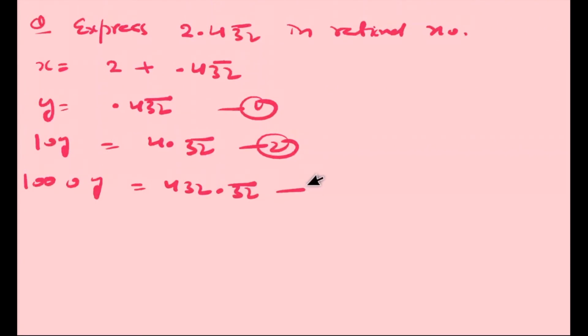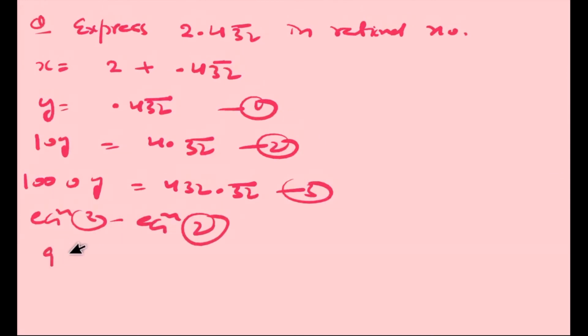Bar means repeating. This is equation 3. So equation 3 minus equation 2, what do we get here? 990y equal to 432 minus 4.